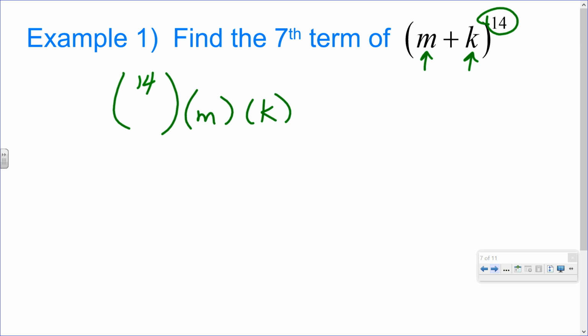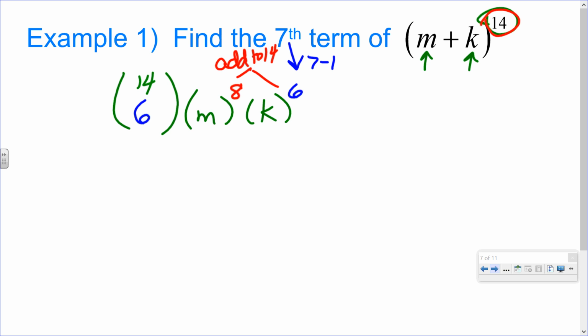Since I want the 7th term, this is going to be 7 minus 1, or 6. That goes right there, which means my bottom term in the combination will also be a 6. Then I need for my exponents to add up to 14, since that is the power that I am raising this to, which means that this plus m needs to be raised to the 8th power.